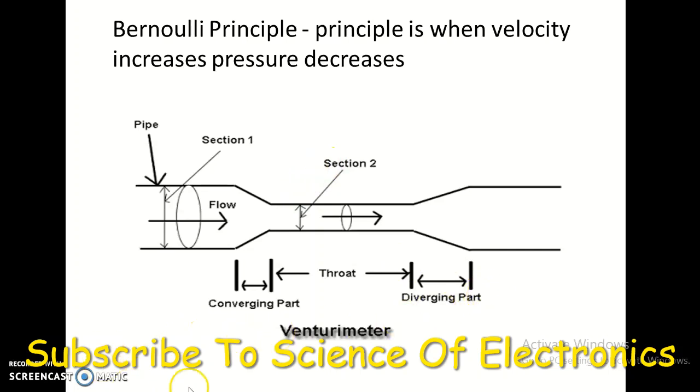Now here is the construction of venturimeter. Venturimeter is made up of two conical sections. Here is one conical section, here is another conical section, and they are connected to a cylindrical throat. This is the cylindrical throat.